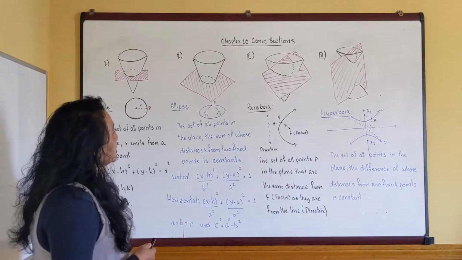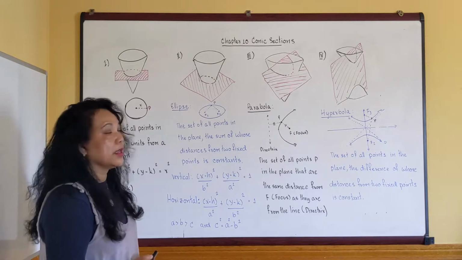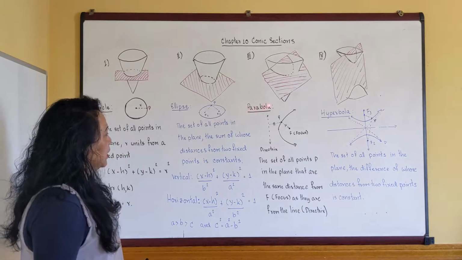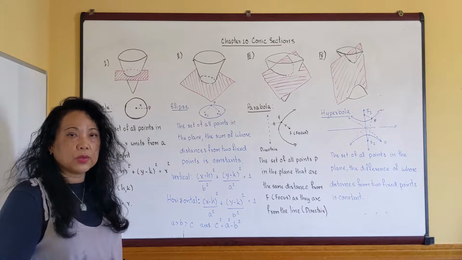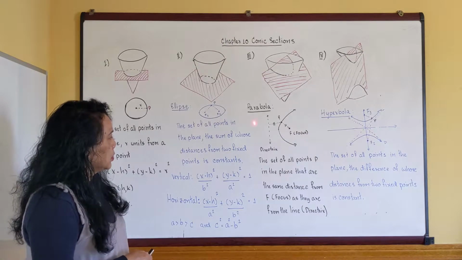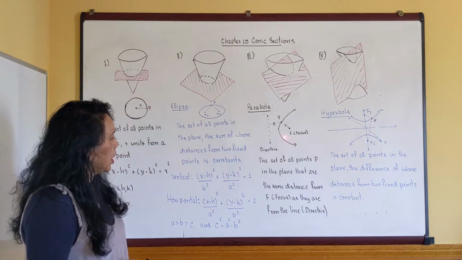All right. The third one, if you have a plane that cuts a cone parallel to the side of the cone, you will have a parabola. So a parabola can open upward, downward, to the right or to the left. For my example here, the parabola is open to the right.